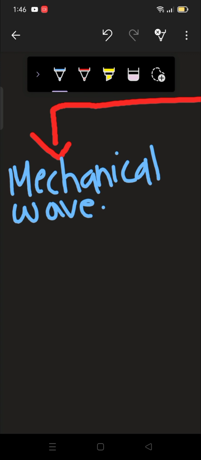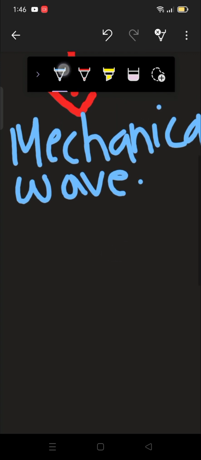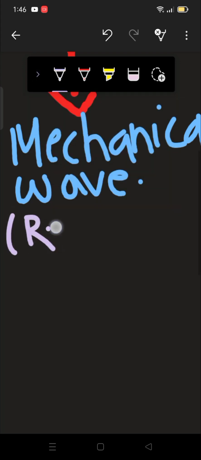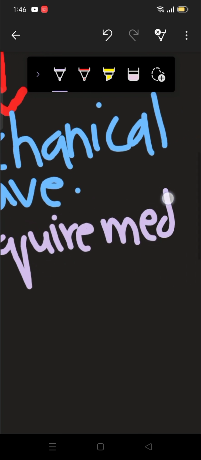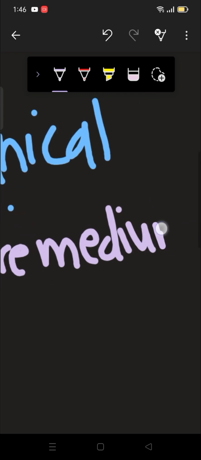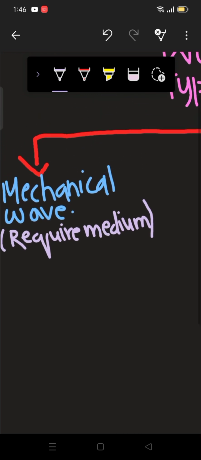And they do require a medium. They require a medium for the propagation. Let me write that as well. They require medium.